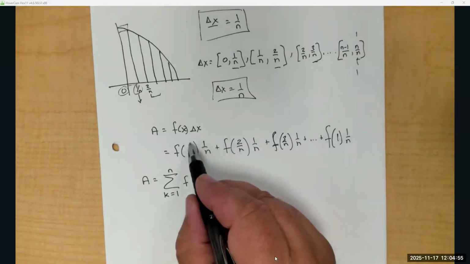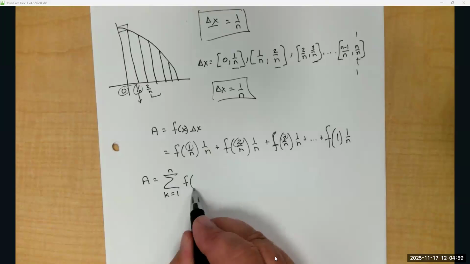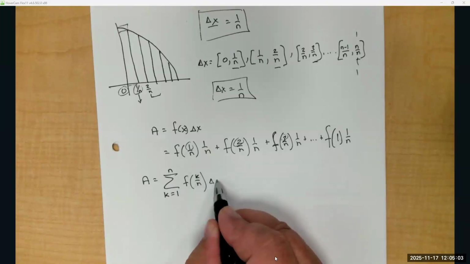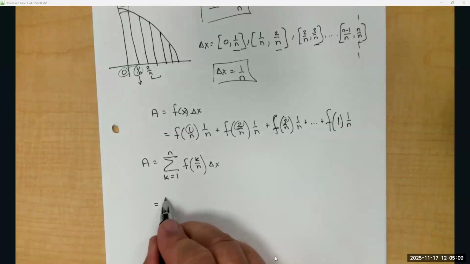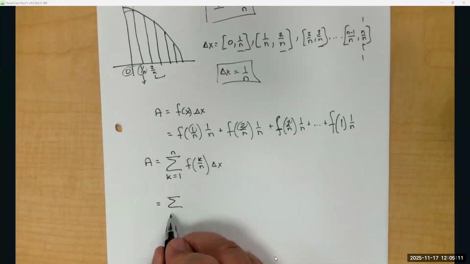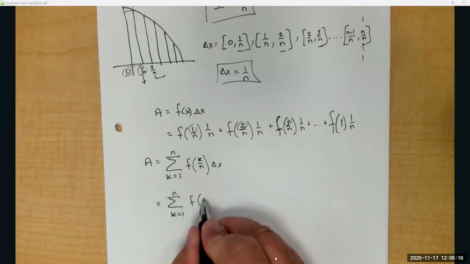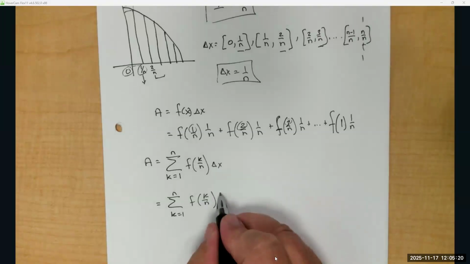Right. So it starts off at 1, then 2, then 3. So that is our counter. Which is times delta x, which is the summation from k equals 1 to n of f of k over n, delta x is 1 over n.